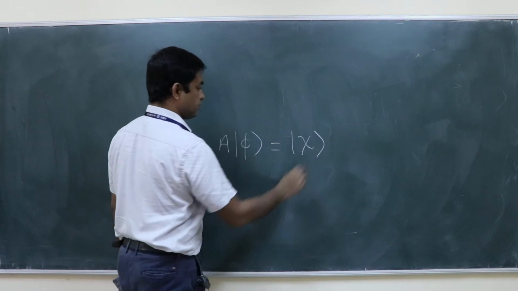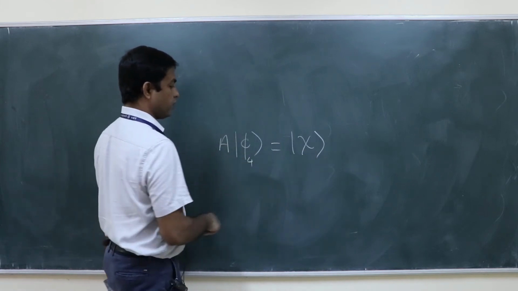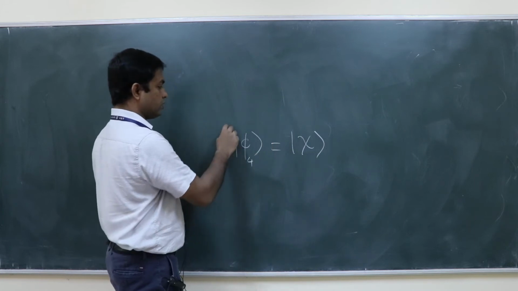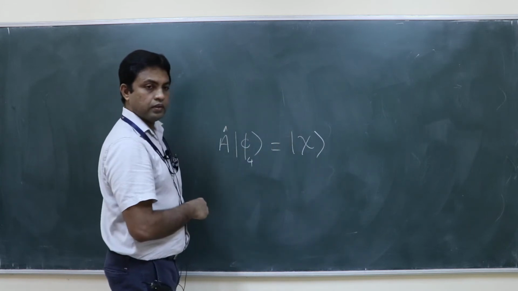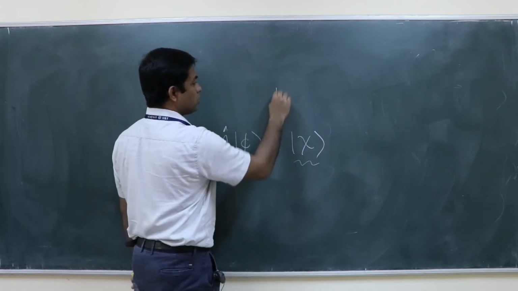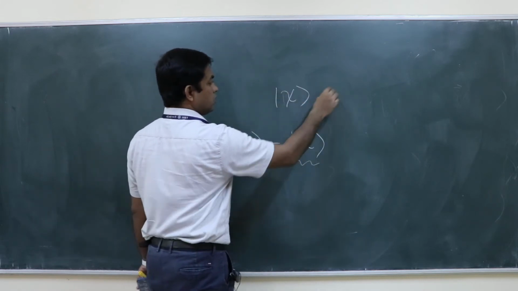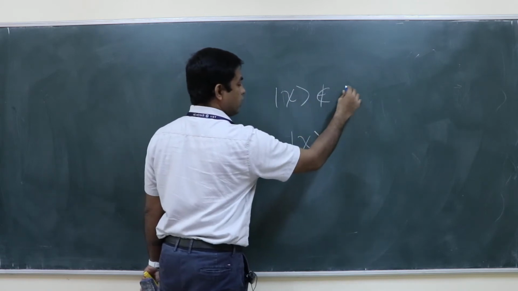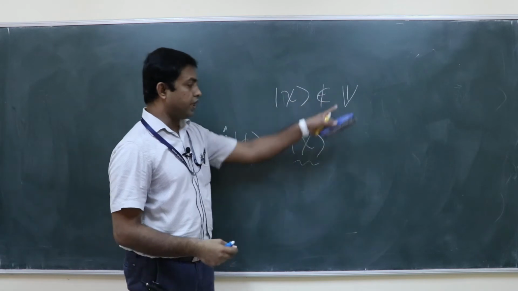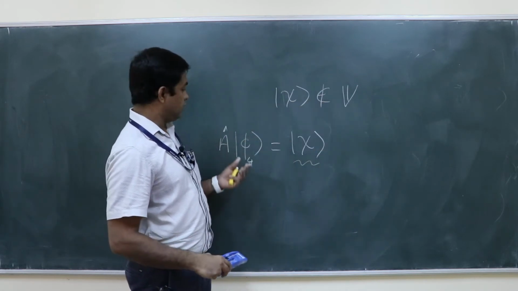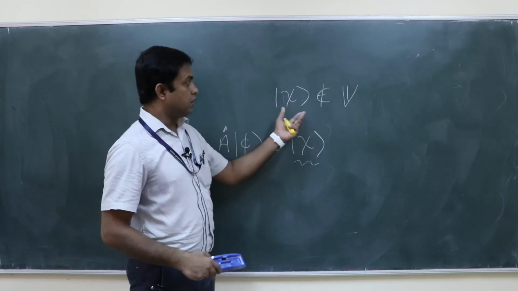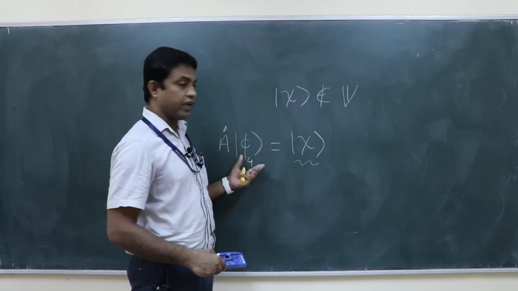Say this is phi 4, you are acting with A on ket phi 4. There is no guarantee that this chi belongs to V. Suppose that chi is not an element of V, then this phi 4 does not belong to the domain of the operator A. Chi is simply not in the same vector space, that's all.